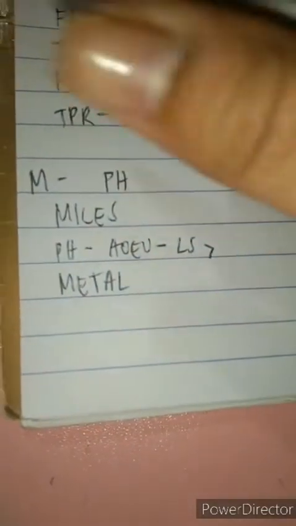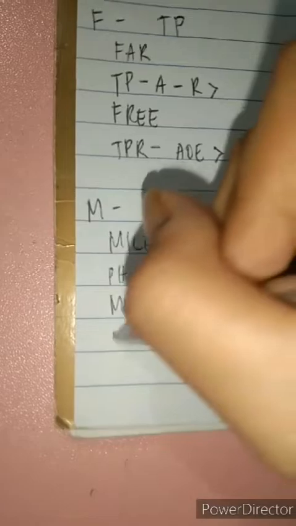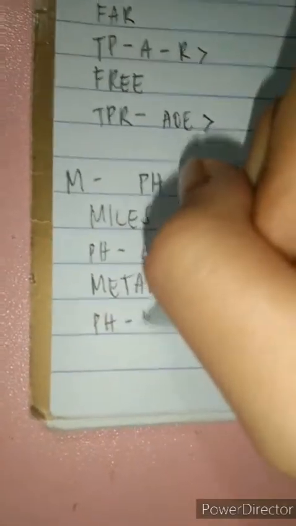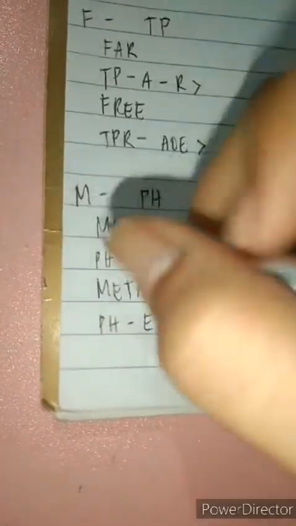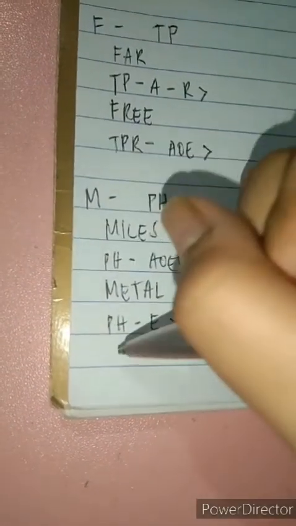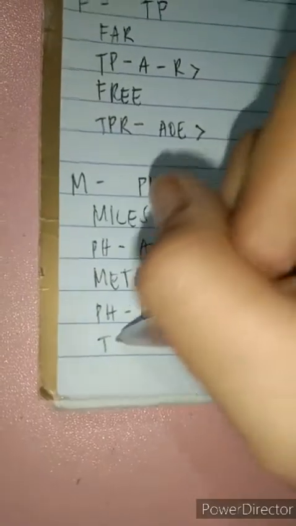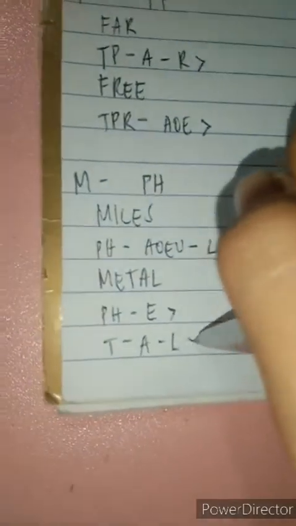Another example, the word metal. So, PH. This has two syllables. Metal. PH for M, and then E, and then release, and then for the next syllable, T, which becomes a beginning sound again, and then A, and then L, and then release.